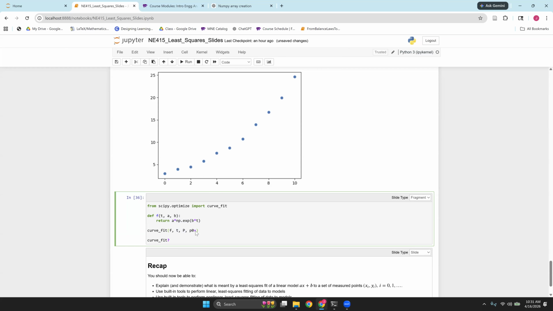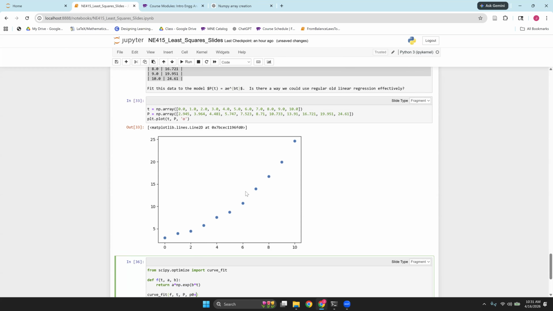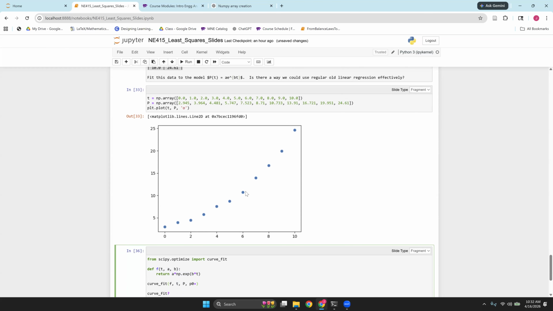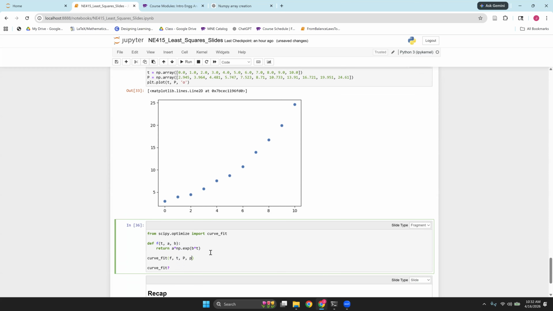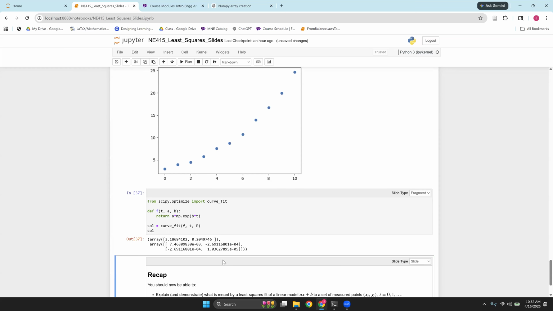And then for an initial guess, why don't we try it without and see if it gives us something that even makes a little bit of sense, right? I'm going to take a wild leap of faith and think it returns more than just my solution. So I'll just call that whole thing a solution, and then I'll print it out. And what you see is it actually returns two things.